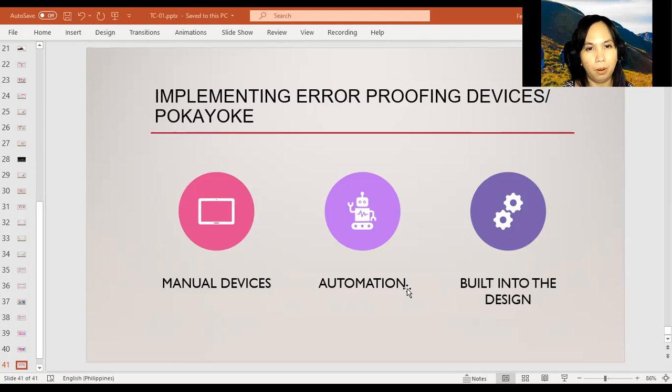For example, we have perhaps a warning light installed to alert us when a defect is produced, which then helps prevent defects from being passed on. No, perhaps we can even find a better device that makes it impossible to produce a defect.